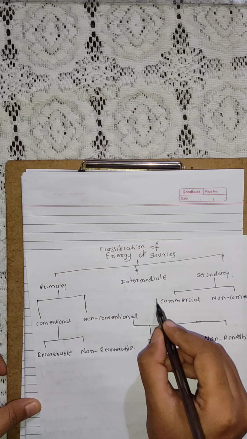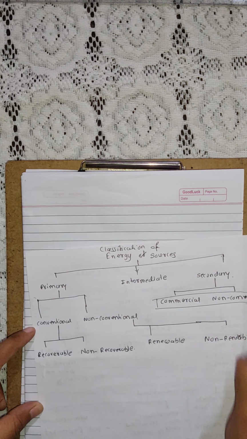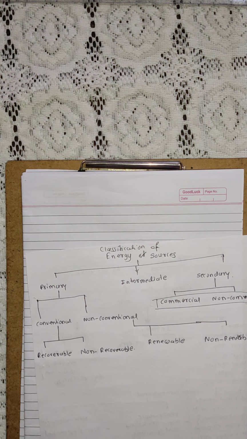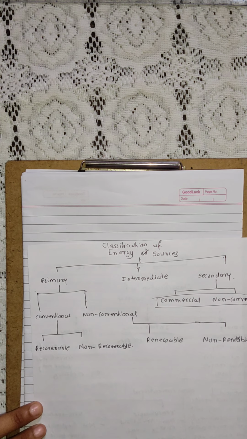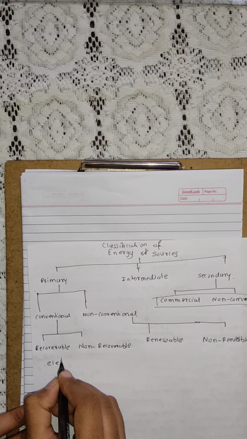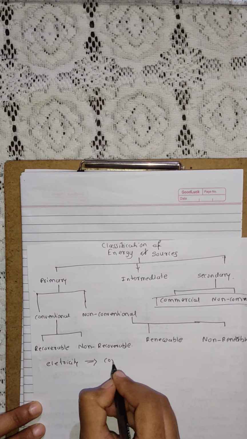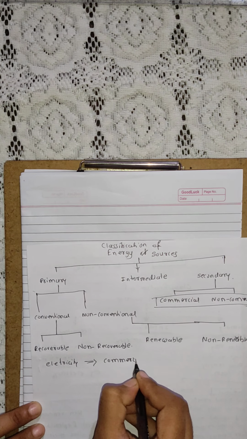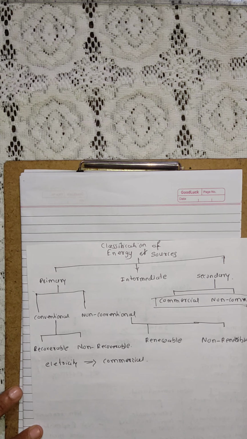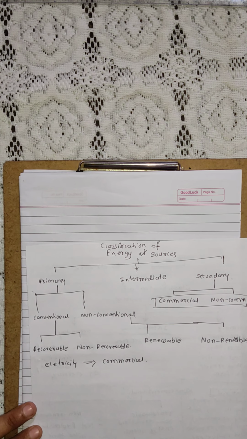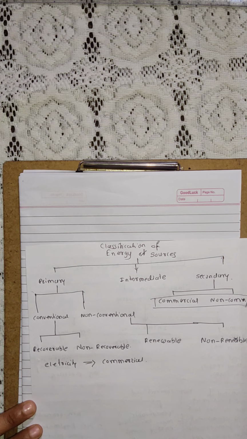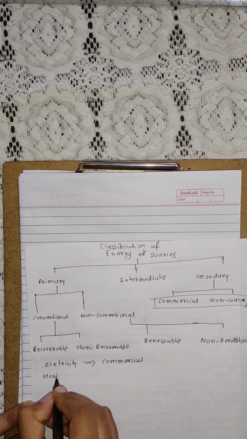This classification depends on the production or purpose of that energy source. For example, electricity is an example of commercial, whereas heat in a solar cooker is a non-commercial source of energy.